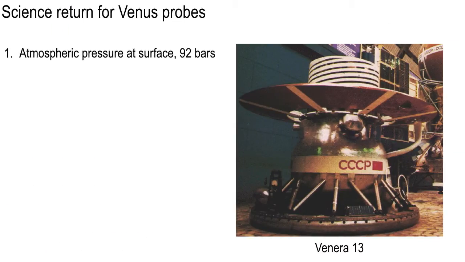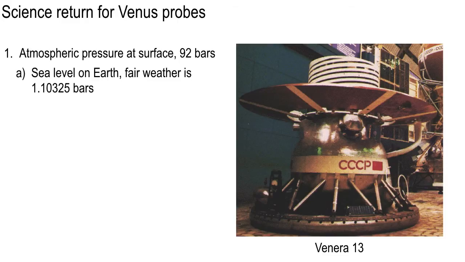The atmospheric pressure at the surface of Venus. Now, the Russians sent a bunch of spacecraft to land, and a lot of them crashed, but some of them successfully landed and sent back information. Surface pressure, 92 bars.